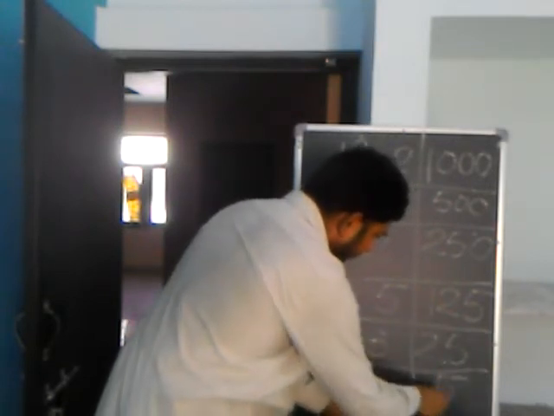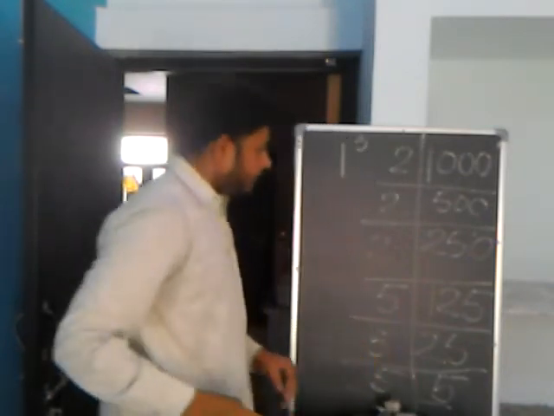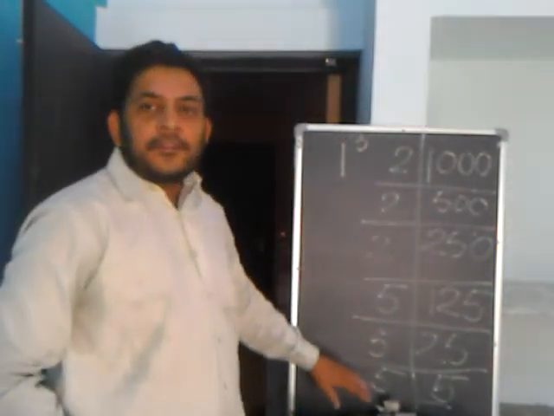Now I can divide 125 by 5, and I will get 3 times 2 and 3 times 5.